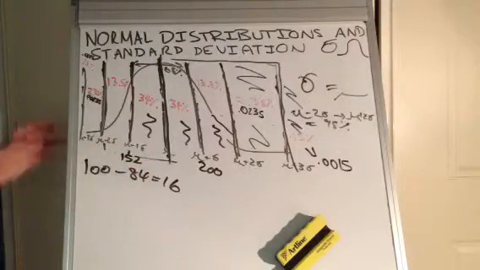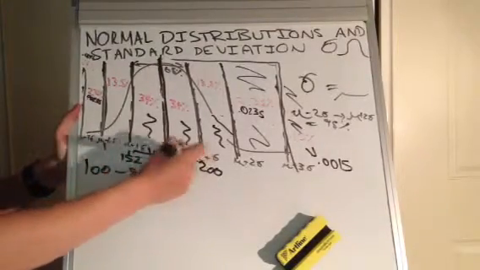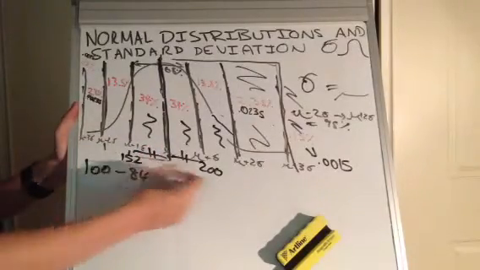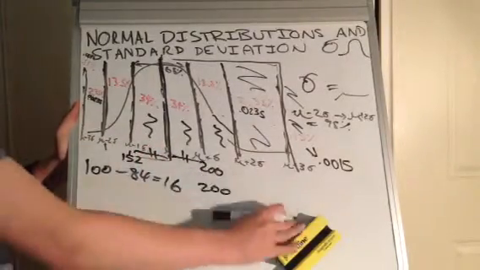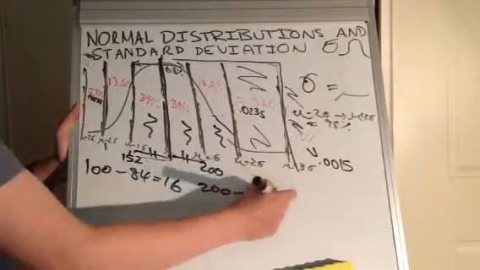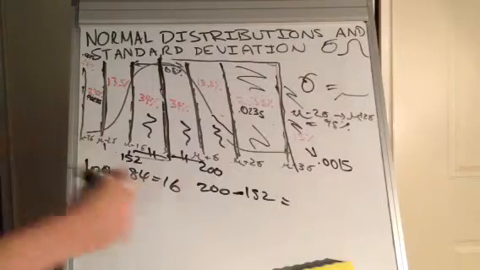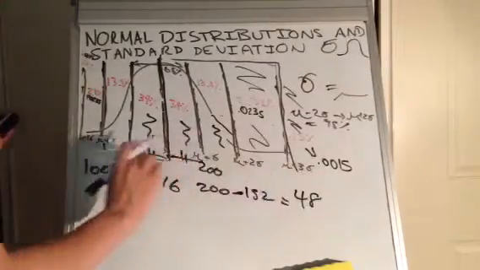Now because these are equally proportioned, we're able to go, well okay, what will be the middle number in here? In order to do this, we have 200 take 152, and that gives us the range between those values. So 200 take 152 gives us 48, and then from that we know that half must be 24.